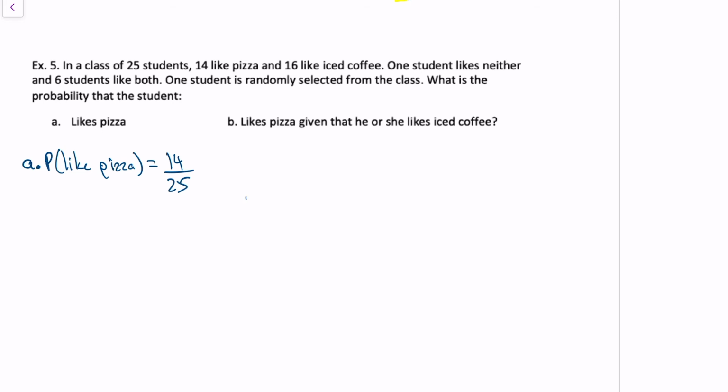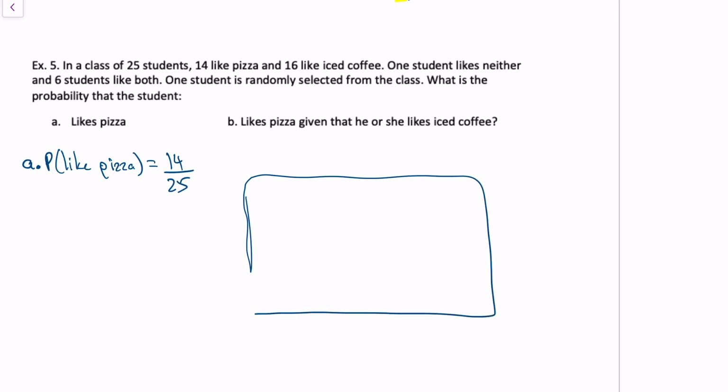Well, I am going to create this Venn diagram to show this. And I think it can help. But we'll look at it in two ways. So let's say we've got the pizza and the iced coffee. And we can fill this in. So we know that one student likes neither, so one person is out here. 6 students like both.